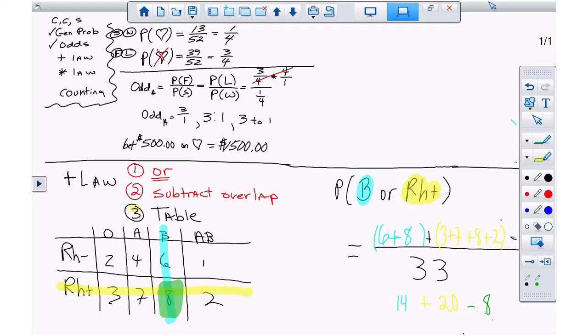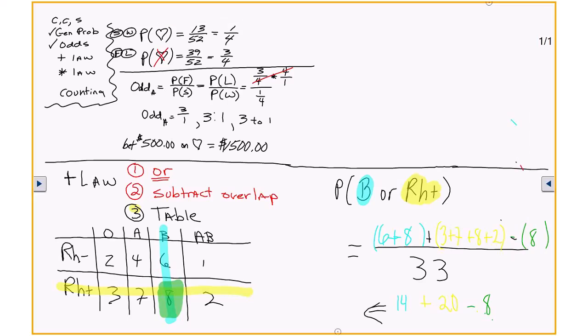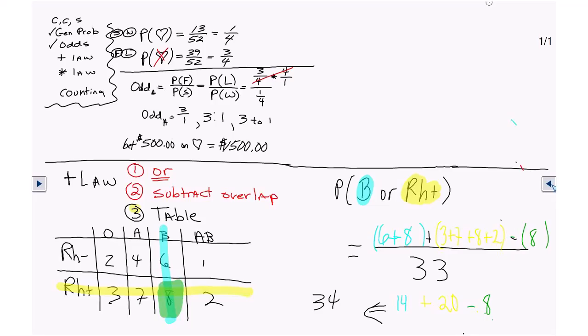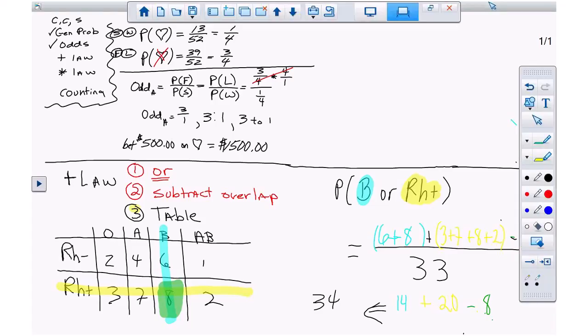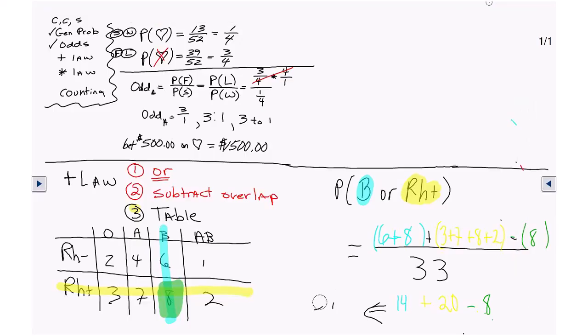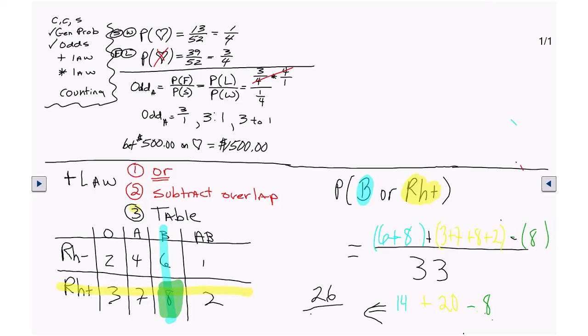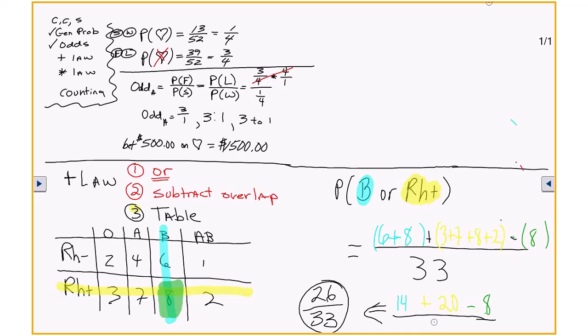So that's going to be equal to 34. That's not right. Oh, I didn't subtract. 34 minus 8. Dang old 26. Somebody help me out. Yes, 26. So that's going to be 26 over 33 and reduce and turn into a decimal depending on the directions.